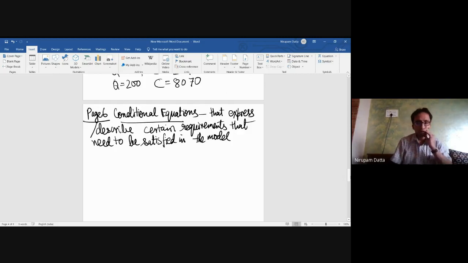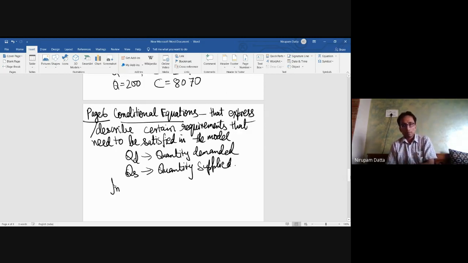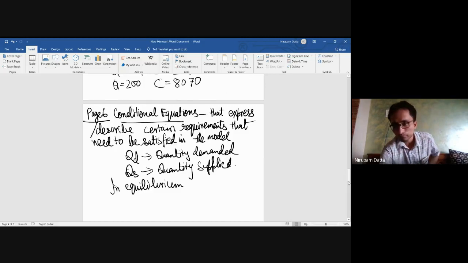Let's say you are in the market. So in the market you have both demand for the goods, so quantity demanded, QD, and QS, quantity supplied. Now when the market is in equilibrium, what should happen? What is the condition for the market to be in equilibrium?